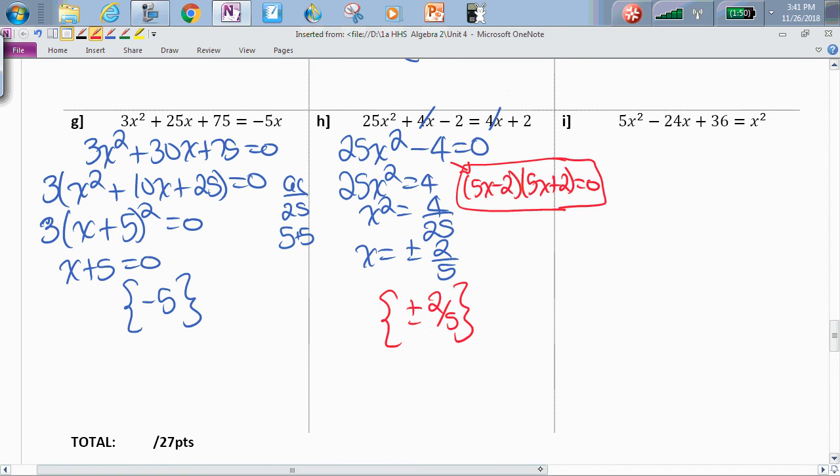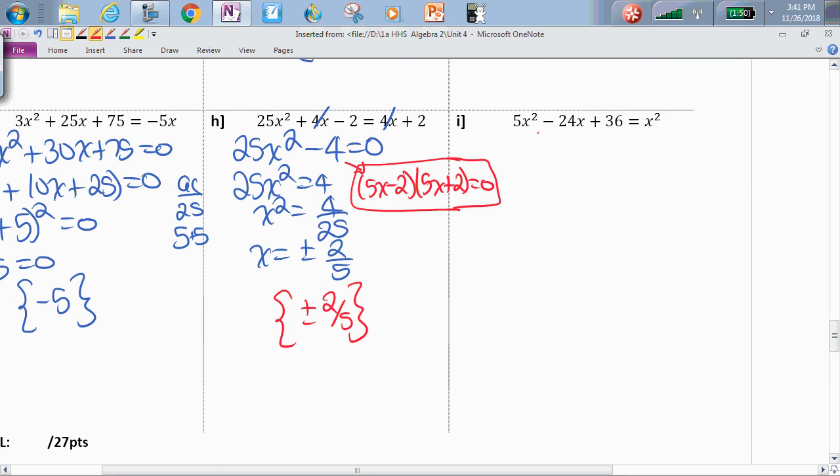Either works. Alright, here I'm going to move this over, so I've got 4x squared minus 24x plus 36 equals 0. Our AC is, actually, hold on a second, square root of 4 is 2x, square root of 36 is 6, put a negative in here, 2 times 6 is 12 times 2, so it's a perfect square trinomial.